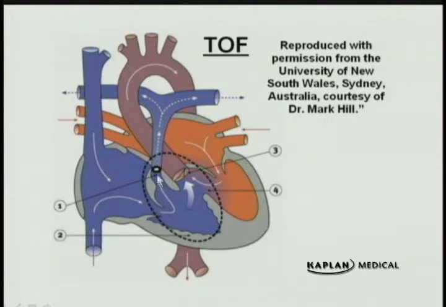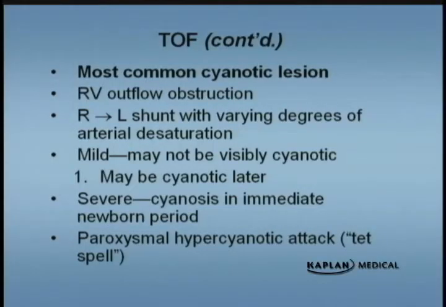The blood meets resistance, and so it takes the path of least resistance, and it goes across this VSD, and there's the aorta, and that's less resistance too. It shoots up this way, hasn't had a chance to go out to the lungs yet. And you're going to get right ventricular hypertrophy simply because that right heart is working so hard. So you do have a right ventricular outflow tract obstruction and shunting and cyanosis.